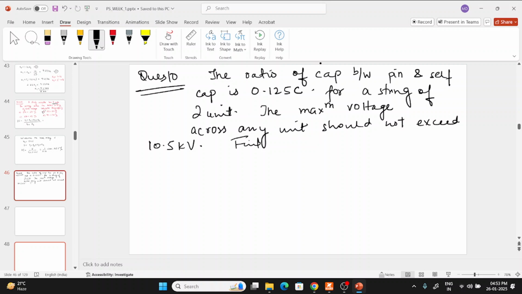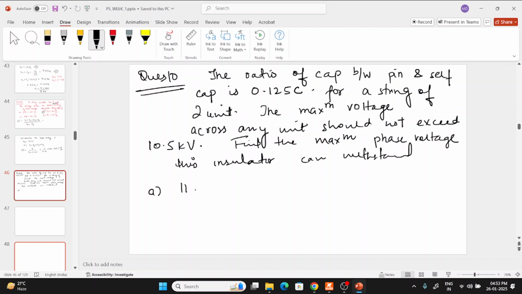Find the maximum phase voltage this insulator can withstand.